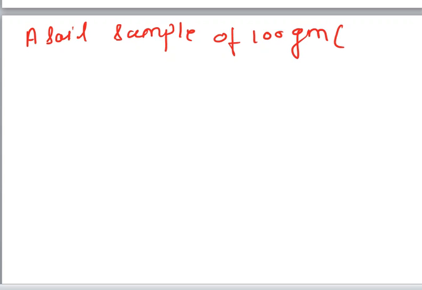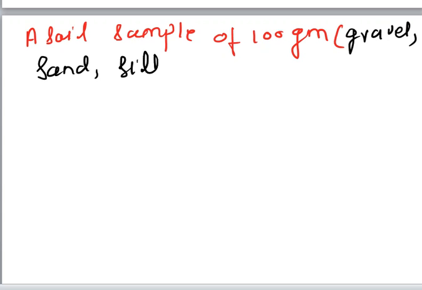So it contains gravel, some fraction of sand, and also silt and clay.